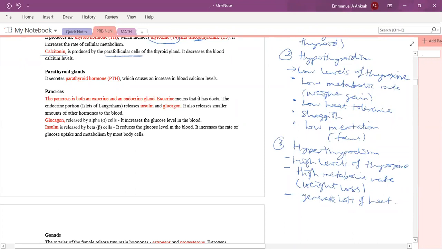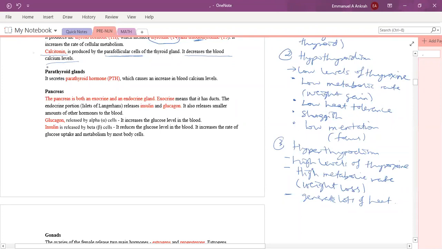The function of the calcitonin is to decrease the calcium levels in the blood. So remember that part, it reduces the calcium level in the blood. So the thyroid produces two hormones, thyroxine and calcitonin. Okay, remember those two things.